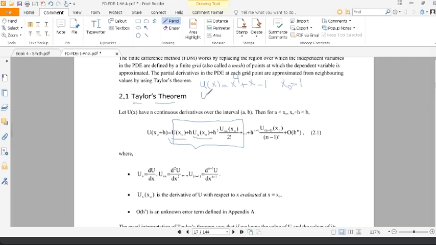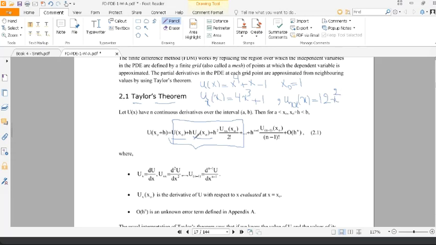When u is x4 plus x minus 1, ux, the first derivative of u with respect to x, equals 4x3 plus 1. And uxx, the second derivative of u, equals 12x squared.